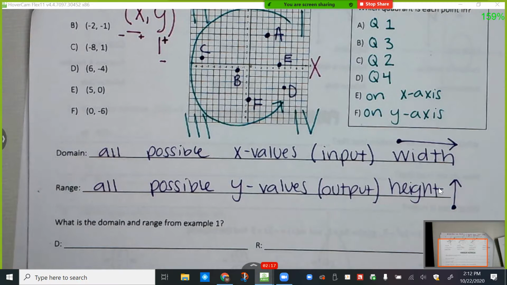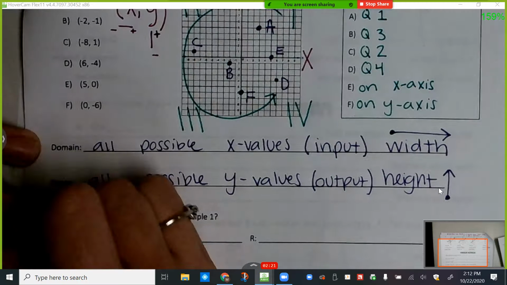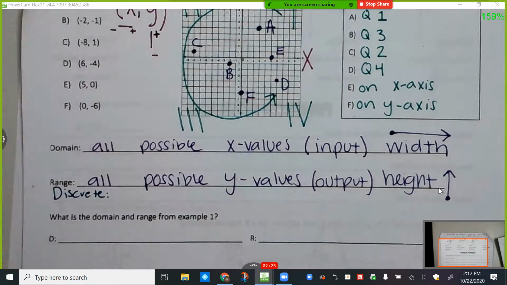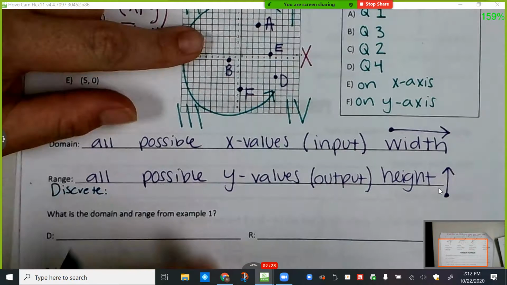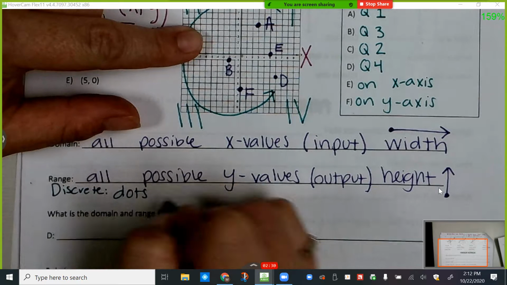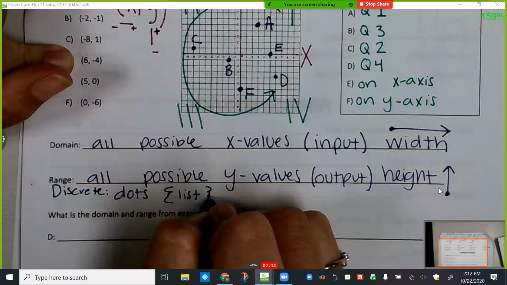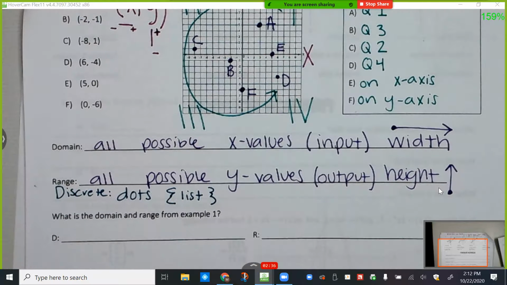So a quick Algebra 1 and 2 refresher. Do y'all remember hearing the words discrete or continuous? No. So discrete was when you only graphed it with dots. And when you do domain and range, it's going to be in fancy brackets. They're actually called braces. And it's going to be a list of numbers. Okay?